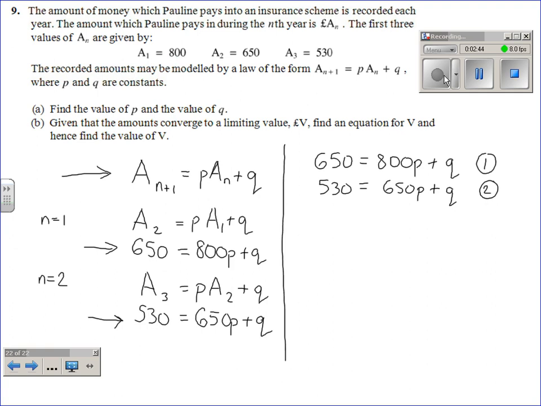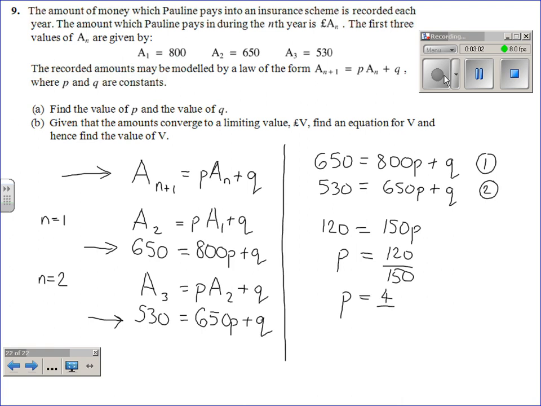By subtracting we'll eliminate Q. So 650 minus 530 is 120, and 800 minus 650 is 150P. Then we divide everything by 150.